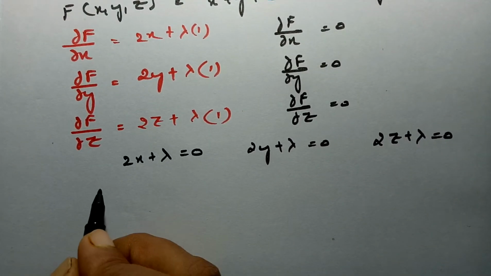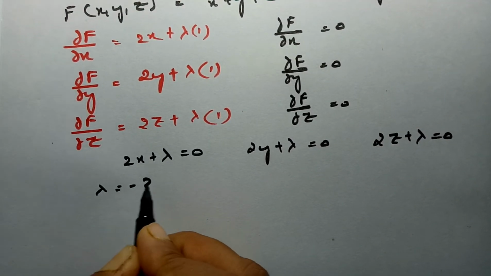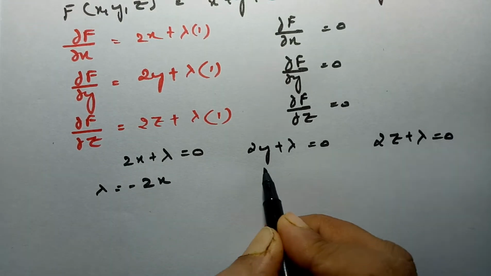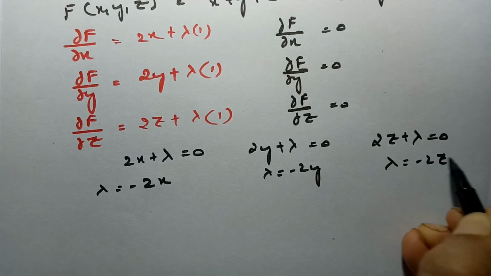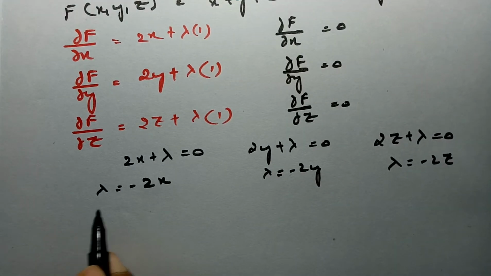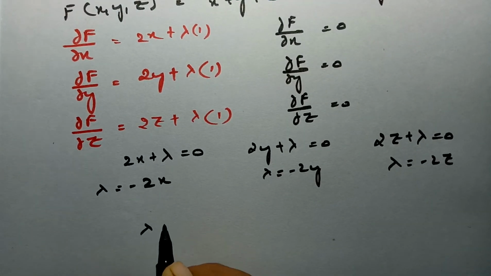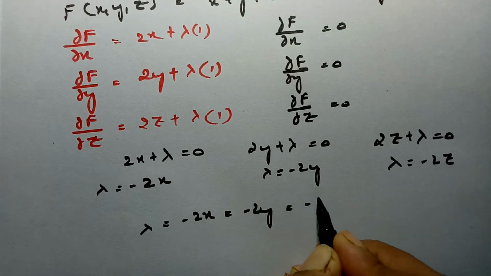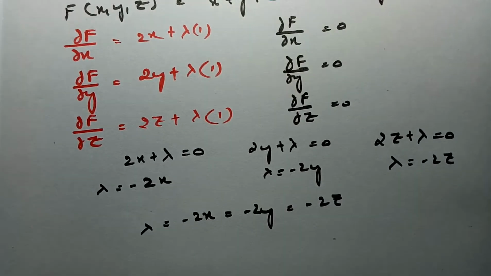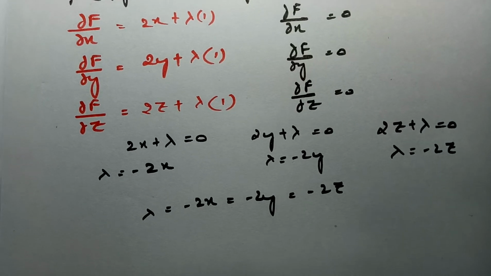From this, what is the value of lambda? Lambda is equal to minus 2x, lambda is equal to minus 2y, and lambda is equal to minus 2z. If I equate all these lambda values, all the lambda values are equal.